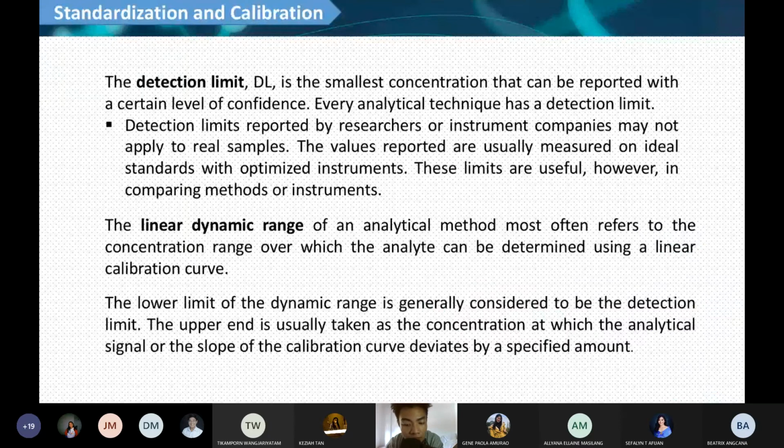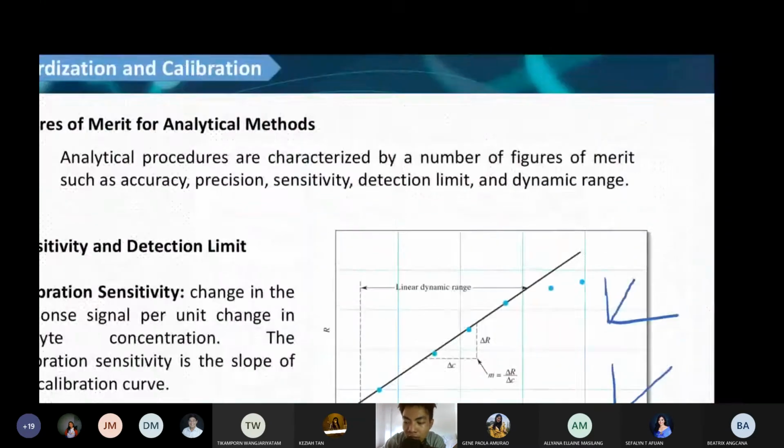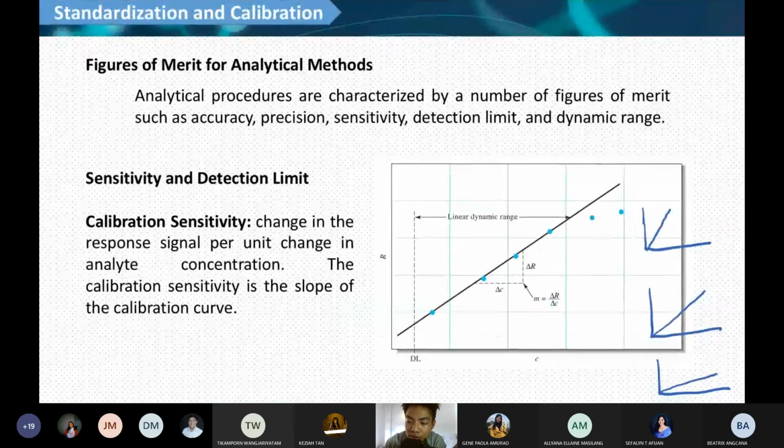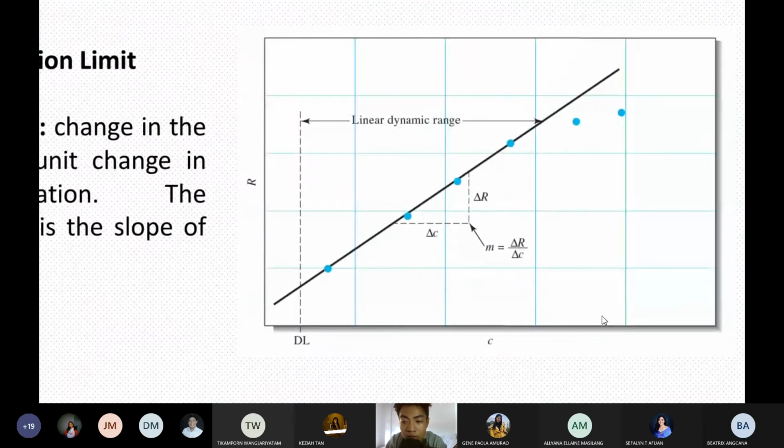Other figures of merit are the following: the detection limit and the linear dynamic range. So let's talk about the linear dynamic range first. Suppose we are going to do external standard calibration. At first, you will observe that the instrument response and the concentration of your substance will be linear.